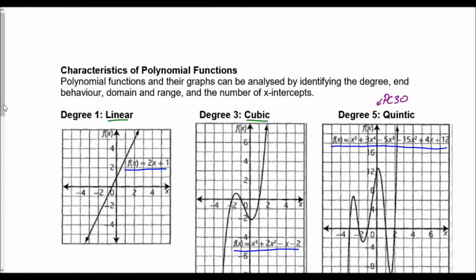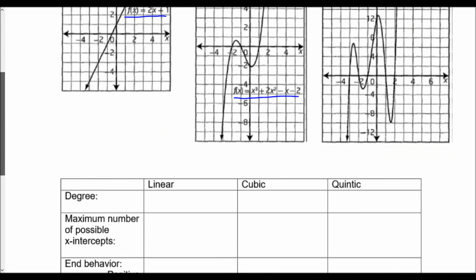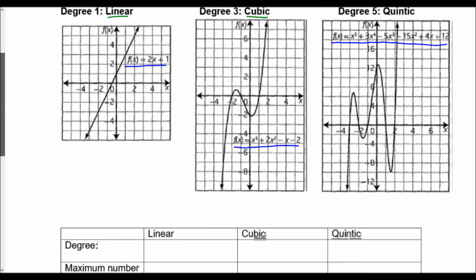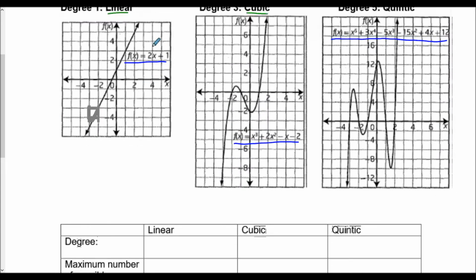It's 2. Sorry, 1. I'm thinking of the leading coefficient, sorry. Degree is 1. The degree here is 3. And our degree in this one is 5.